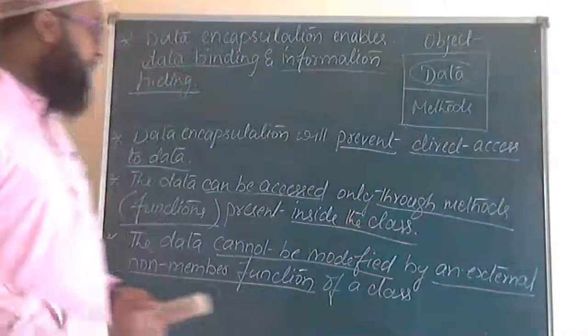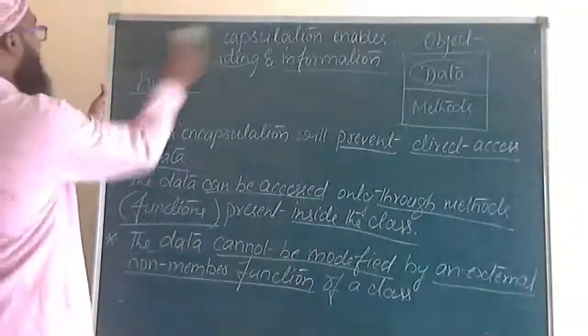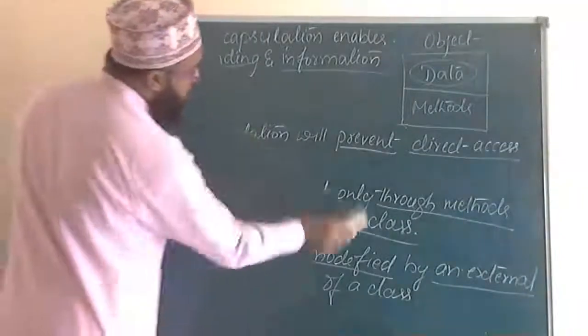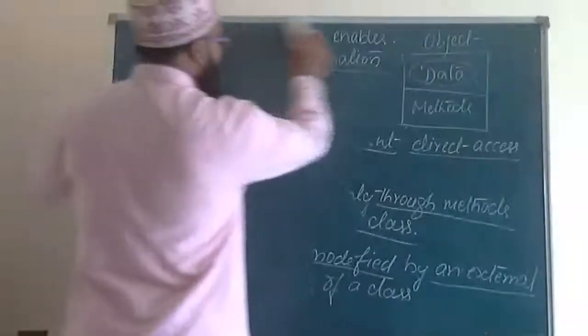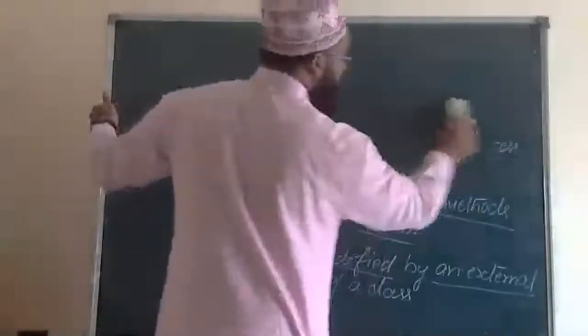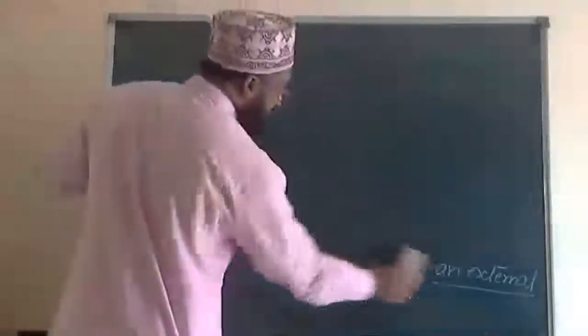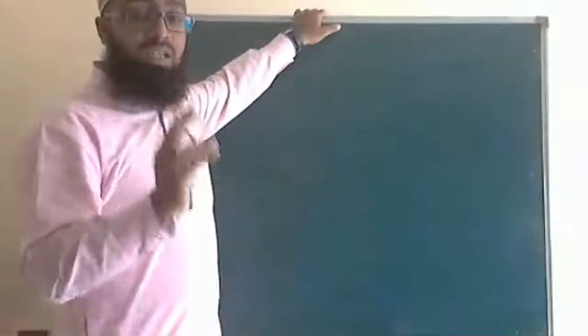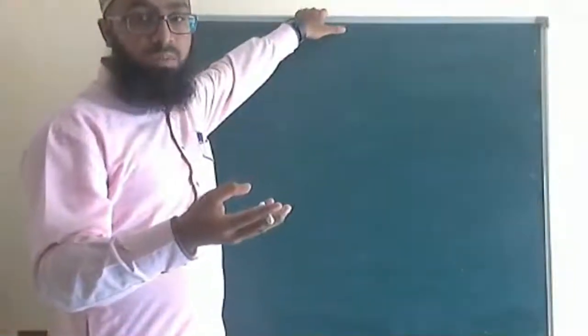Okay, next comes the next characteristic, that is inheritance. And dear students, remember one thing: you have the next chapter as classes and objects, the 7th chapter for you.